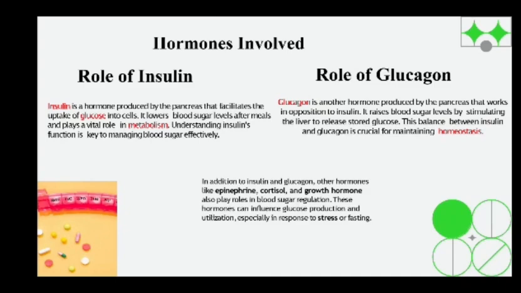In addition to insulin and glucagon, there are various other hormones involved during stress and other metabolic and physical states of your body, like epinephrine, cortisol, and growth hormone, which also have a major role in the regulation of your blood sugar. These hormones can influence your glucose production and utilization, especially in response to stress and fasting.